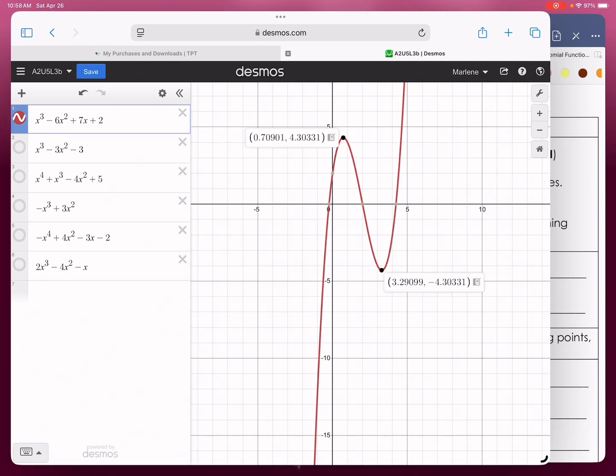And see, when you put it in Desmos or on a graphing calculator, it's going to give you the points for this. So I just don't want you to think I'm just guessing at these points. When you put this in Desmos and you graph it, you can tap these two points. Now look at them. Your high point is at 0.70901 and 4.3. Your low point is at 3.29 and -4.